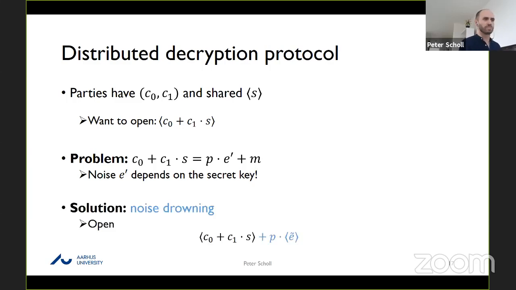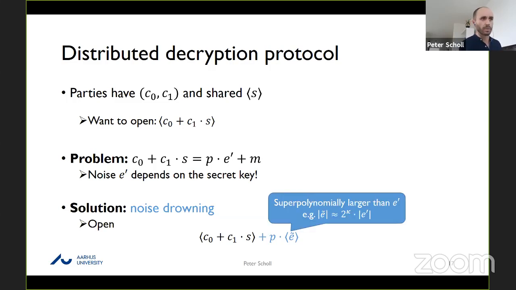So the naive solution here is to use this noise drowning technique, which if you've been to some of the other talks this week, you've probably seen in other contexts, where you're going to drown out this small error E prime with a much larger error by adding on P times a shared value E tilde, which is going to be super-polynomially larger than the maximum value of the E prime noise we're trying to hide.